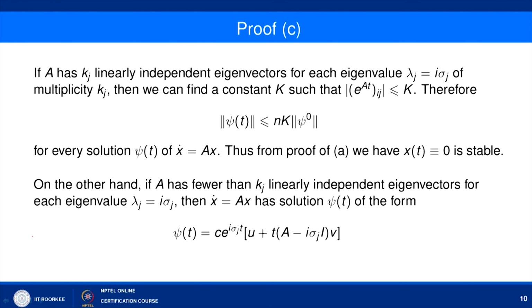So here now we try to discuss part C. Here we are assuming two things. First, that all the eigenvalues have non-positive real part. Second, that some of the eigenvalues have 0 real part.